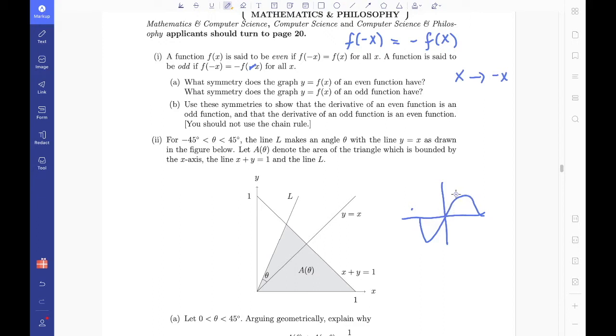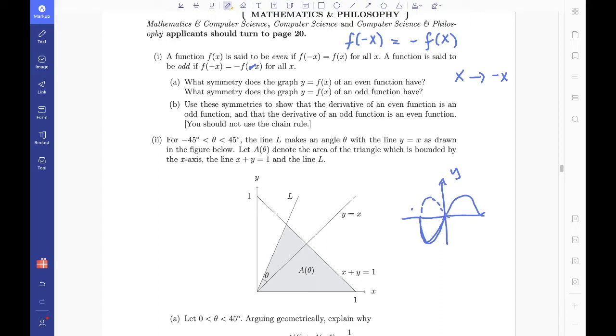If you reflect sine in the y-axis, you would get your bump over here. But then you have to reflect it again in the x-axis to put it on top of your curve. So you can say this is a symmetry where if you reflect it in the y-axis and then reflect it in the x-axis, you get your curve again.